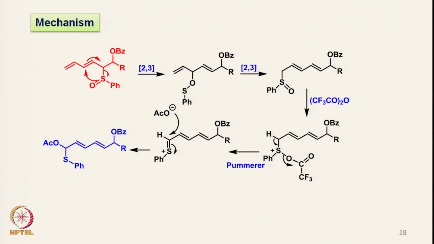Now as you can see, after the aldol type of reaction, one gets this part, R is the remaining side chain of the aldehyde, and this is the benzoate which is coming from the aldehyde. Now this is your internal sulfoxide, and this diene is a terminal diene.